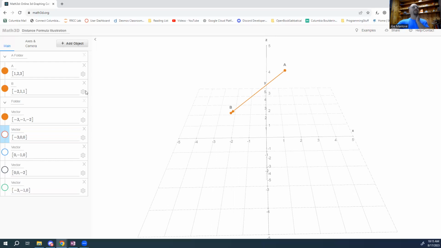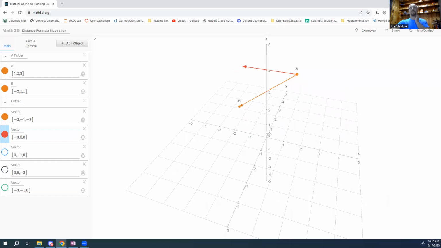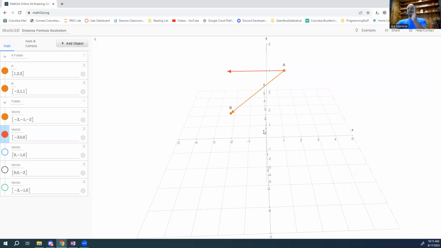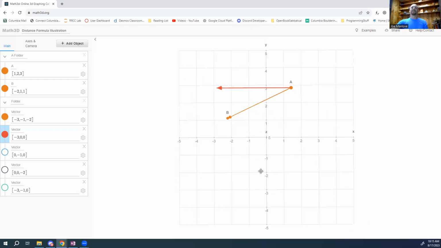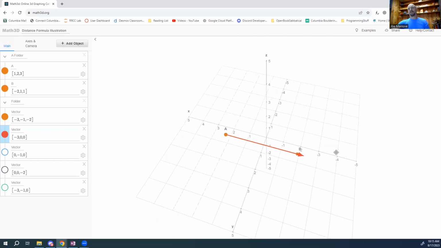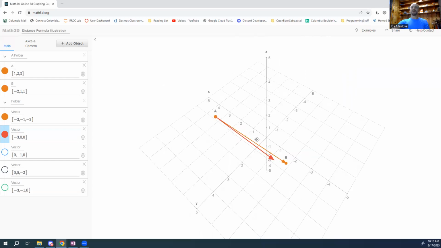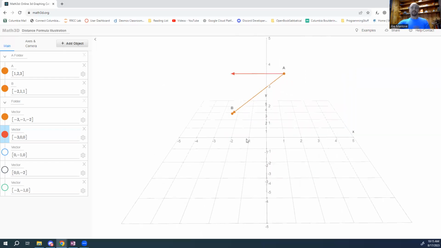So to get from A to B, in the X's, I need to go down 3, right? So that's going to be an arrow pointing to the left 3. You see how that gets me from the X coordinate of A to the X coordinate of B? We're not at the point yet, because we have 3 directions.